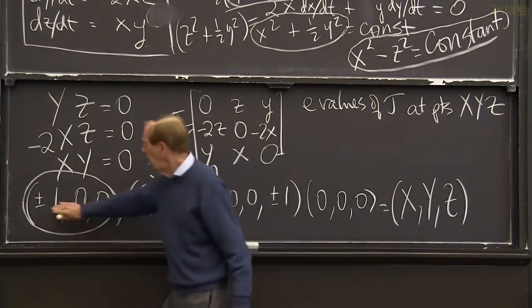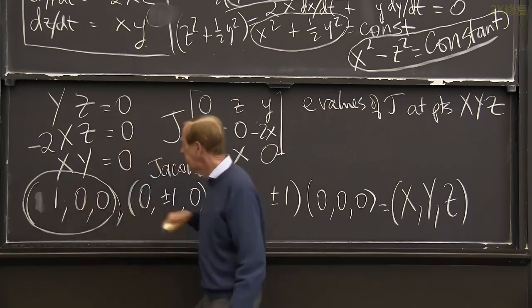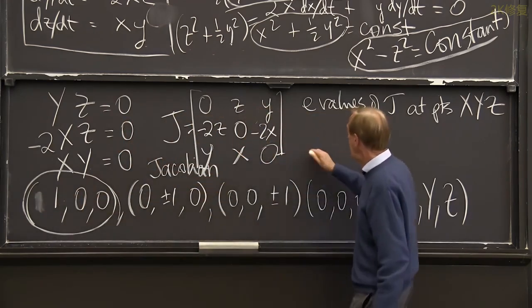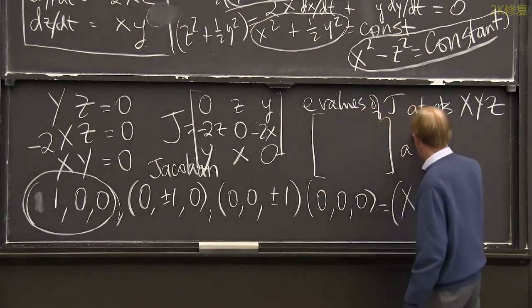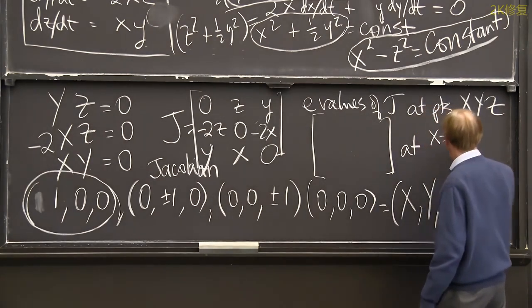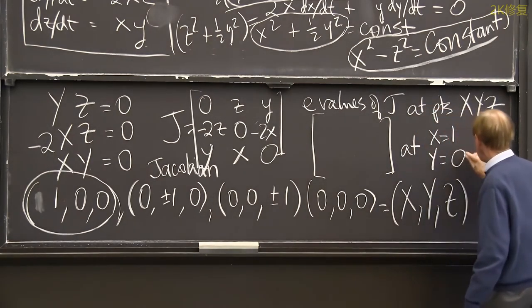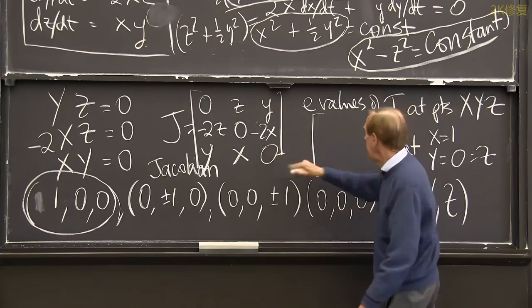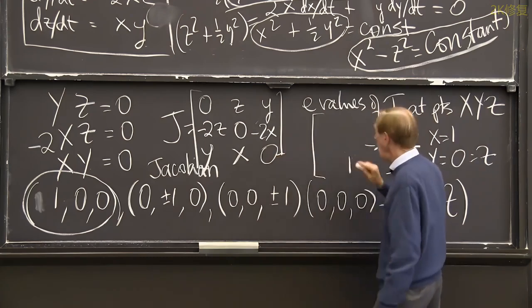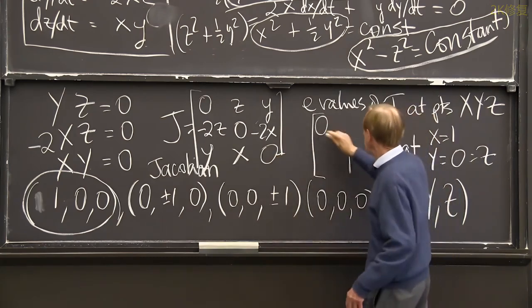I'll take 1, 0, 0, so x equal 1, and y and z are 0. If x is 1, then that's a minus 2 and a 1, and I think everything else is 0.